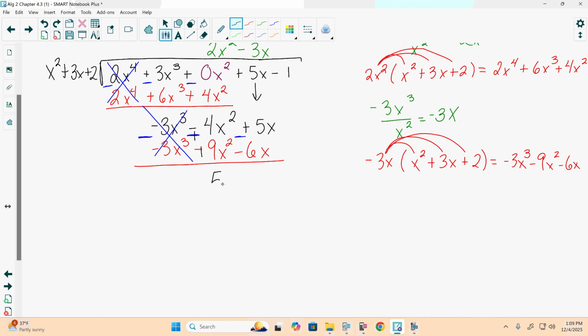Well, the negative and negative make a plus. So negative 4 plus 9 is going to be 5. So in this case, 5x squared. 5x minus negative 6x, well, the negative and negative make a plus, telling us that we really have 5x plus 6x, giving us 11x. And lastly, we bring down the minus 1.